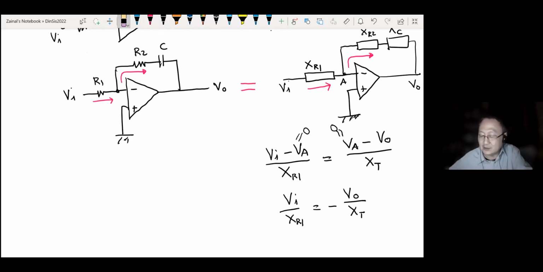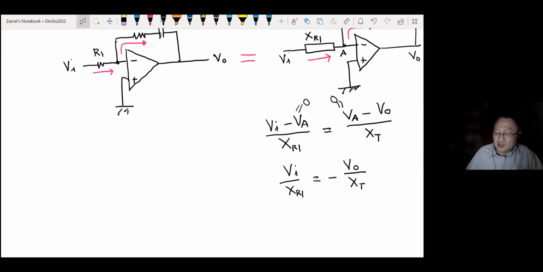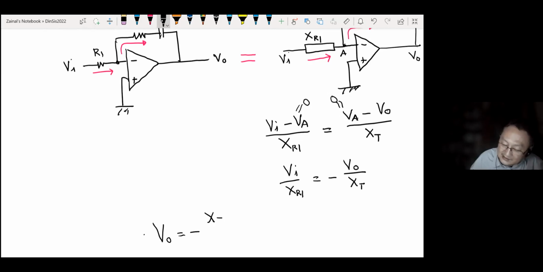So what we have? Sorry, this one is VO is equal to minus XT divided by XR multiplied by VI.